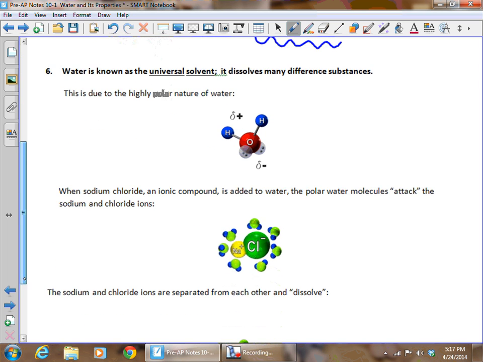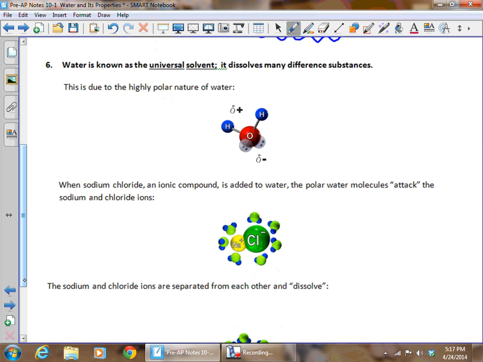Water is also known as the universal solvent. It dissolves many different substances, and that's because of its very polar nature. We talked about that in an earlier lesson, the fact that the two lone pairs on one side of the oxygen give us a partial negative charge on the oxygen side and a partial positive charge on the hydrogen side.